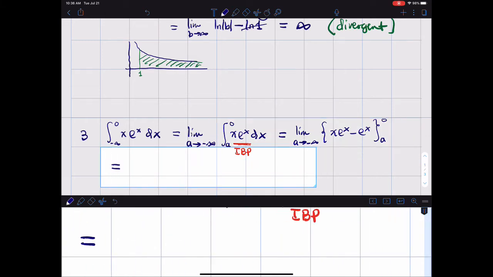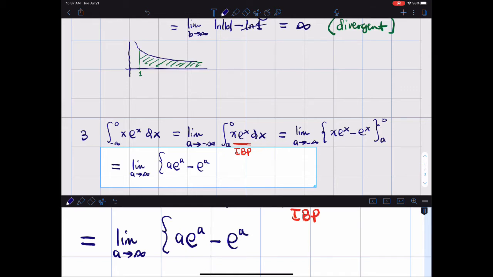So you end up with the limit as a goes to negative infinity of, you plug in a, that becomes a e to the a minus e to the a, right? Then you plug in 0 first, you get negative e to the 0, which is 1.